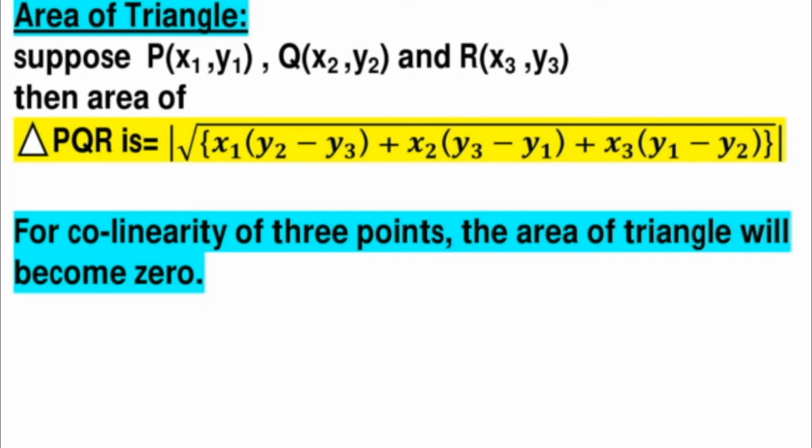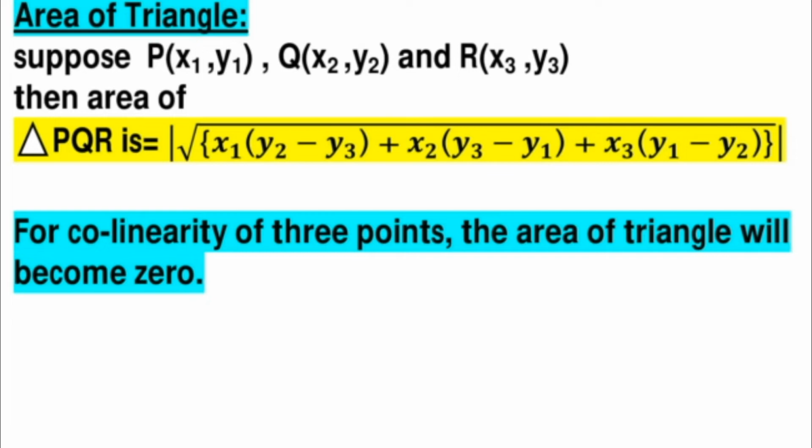Look, you have to remember the order. If we take x1, then the difference will be y2 minus y3, then next plus x2 into (y3 minus y1) plus x3 into (y1 minus y2). So there is a sequence: 1 2 3, 2 3 1, 3 1 2.